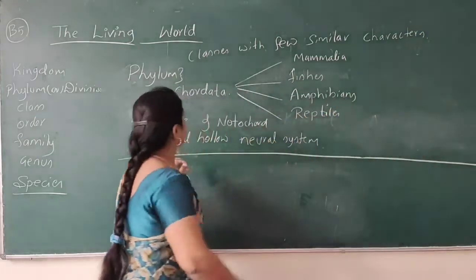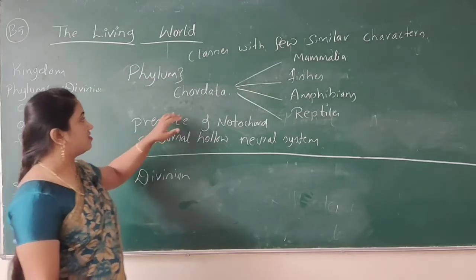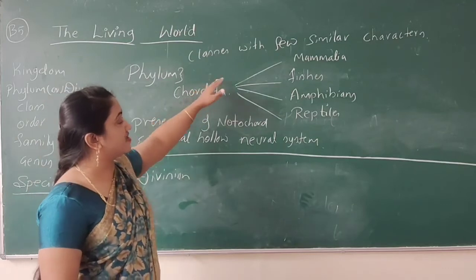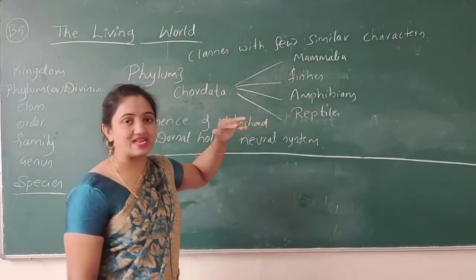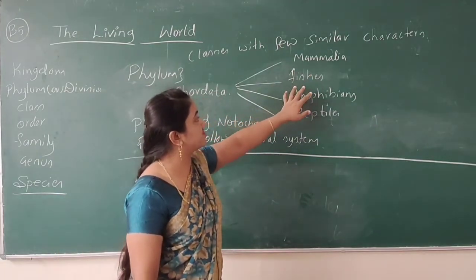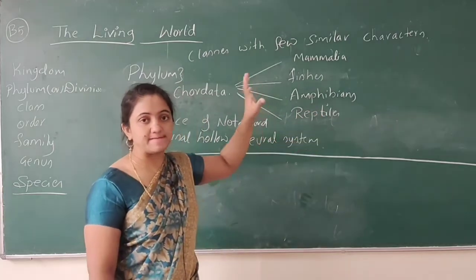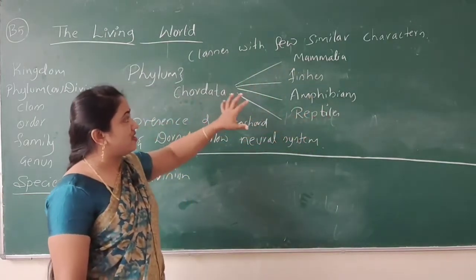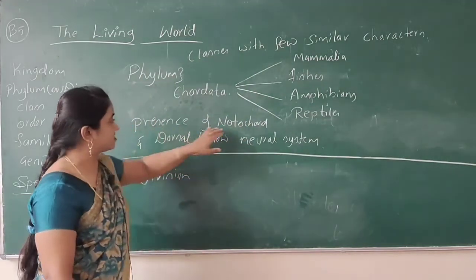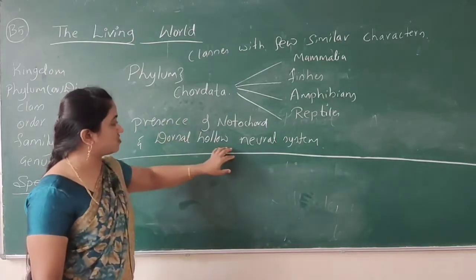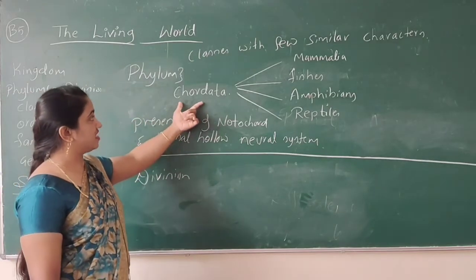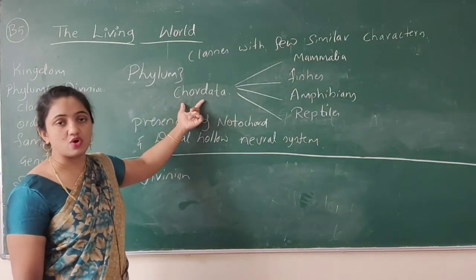This phylum Chordata has different classes, this is one class, this is one, and this is one, but in all these classes they have one similar and common feature, that is the presence of notochord and a dorsal hollow neural system. That's why they came under the same phylum, phylum Chordata.